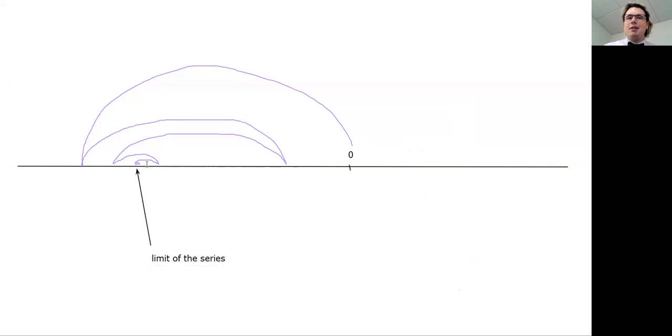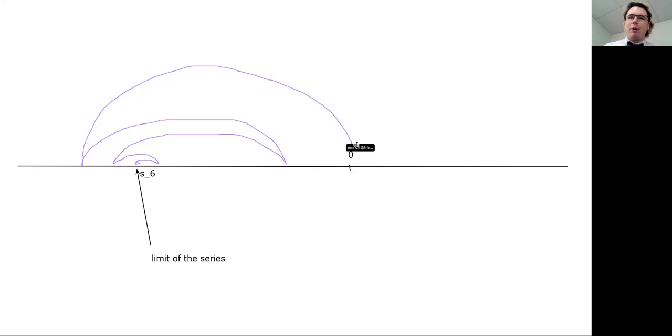So again, I know that my limit is going to be here. But notice that the limit is not very far away from the individual partial sums, right? Maybe this is S sub 6 right here. How close is that limit to S sub 6? I can figure that out based on the very next term that I am adding to the partial sum.